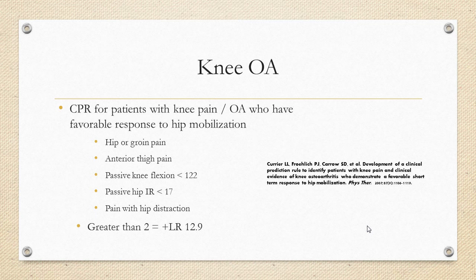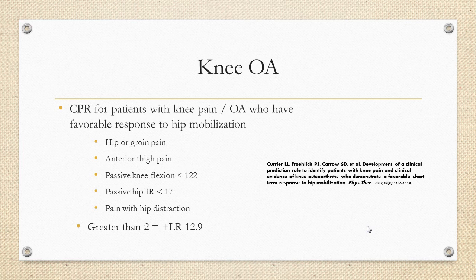After data analysis, the CPR developed contained 5 variables, and they were hip and groin pain or paresthesia, anterior thigh pain, passive knee flexion less than 122 degrees, passive internal rotation of the hip less than 17 degrees, and pain with hip distraction.